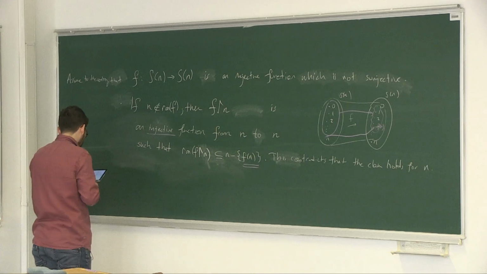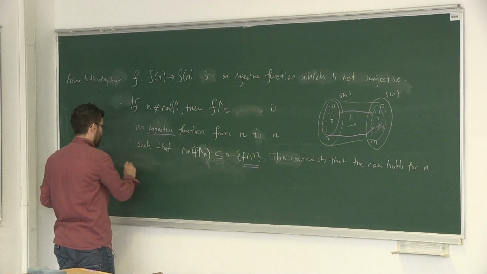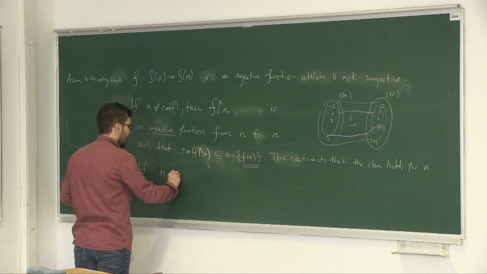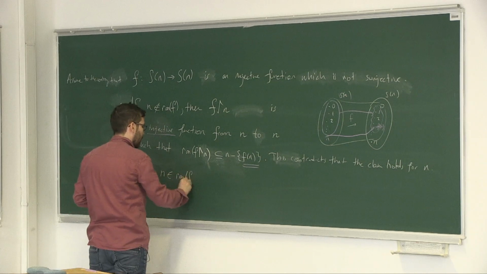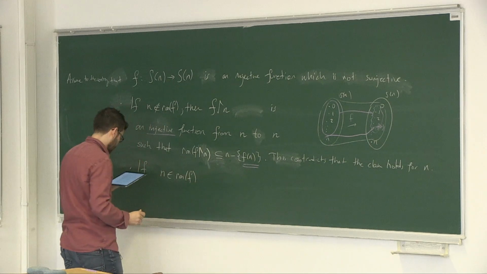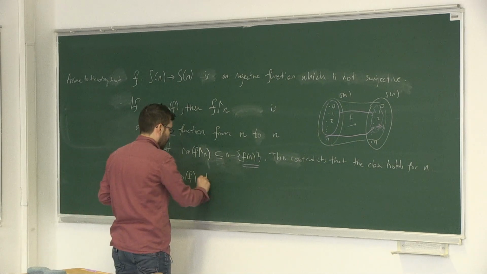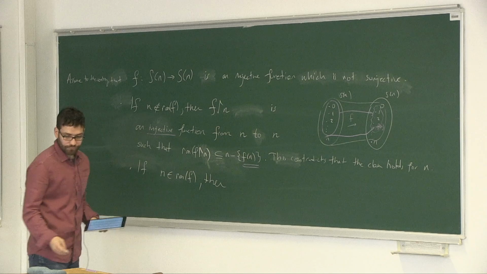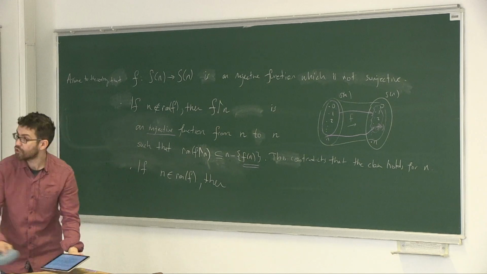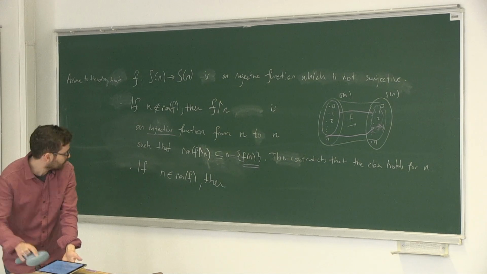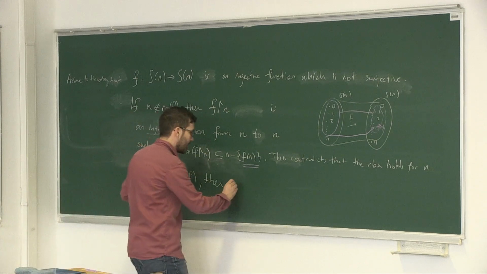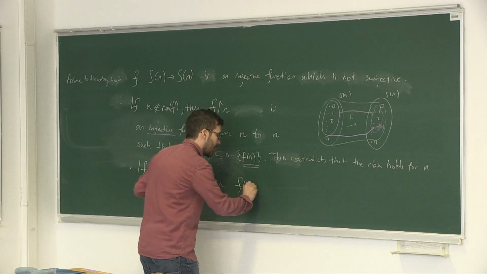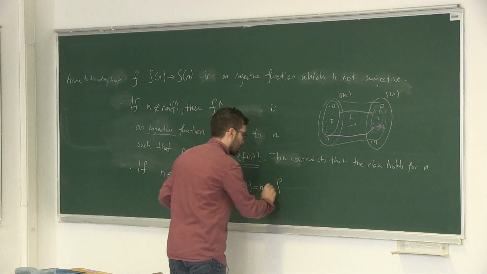Now, let's focus on the second case. If n is in the range of f, then the picture is going to change, and I'm going to move over that board, but before that, let me do this. Then there is some k in S of n mapping to this guy.